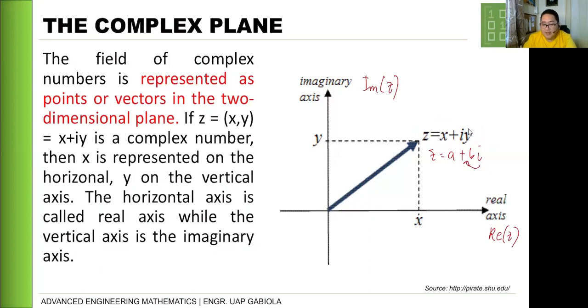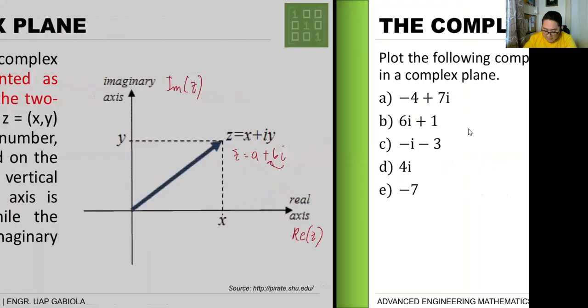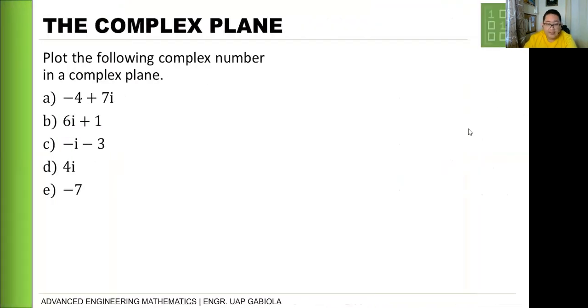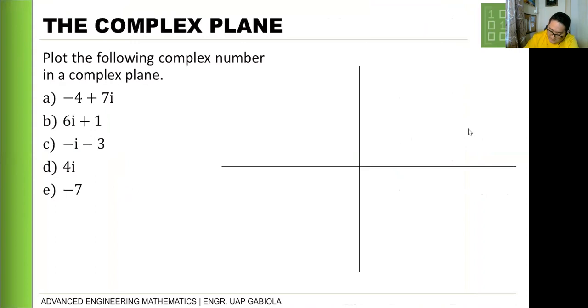Okay? So since alam na natin yung complex plane, since alam naman natin ang ating Cartesian plane, no? We can plot the following complex numbers dun sa complex plane natin. So let's have one complex plane na lang for all of the given natin. Okay?